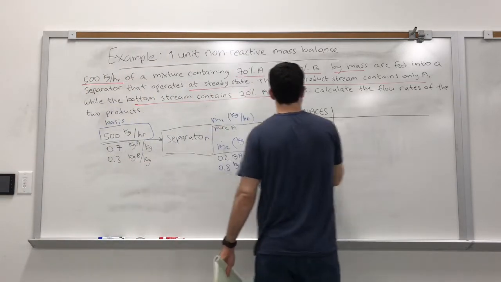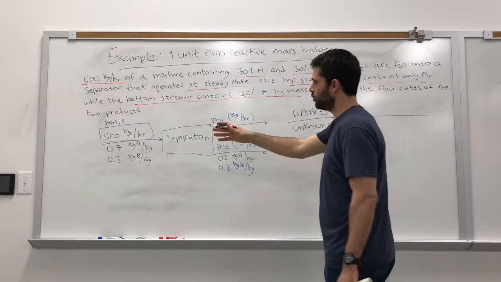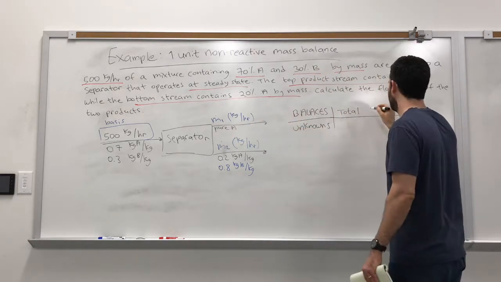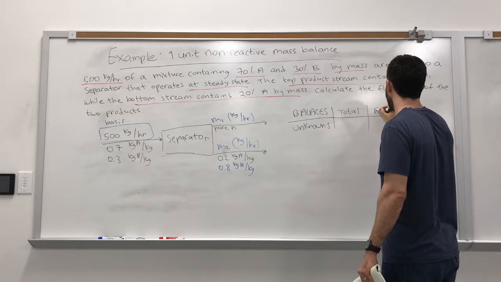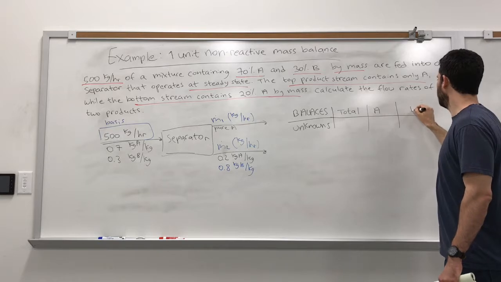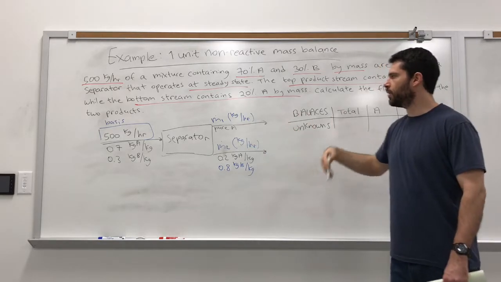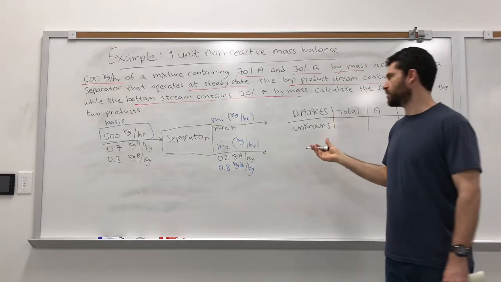So in this case, I'm going to write out, first of all, the total mass balance, which is, what comes in must come out. And then we have a balance on component A that we can do, and a balance on component B that we can do, meaning A that comes in must come out, and B that comes in must come out.